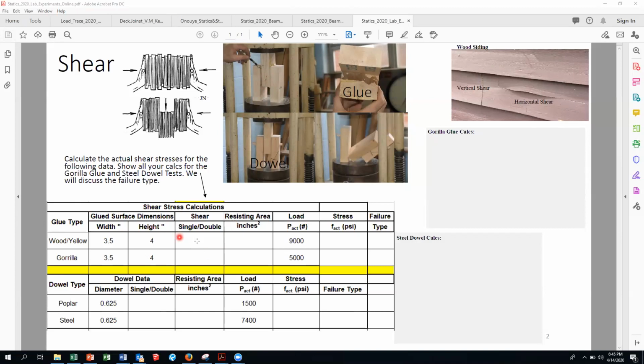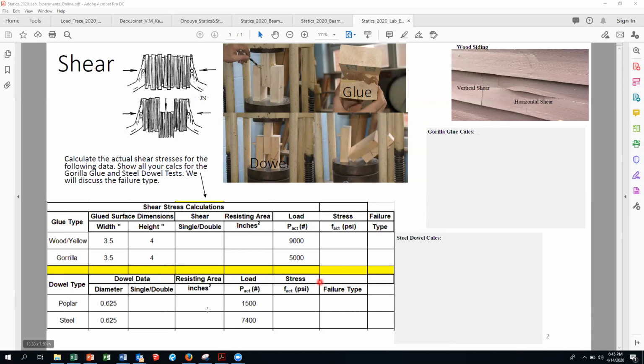So you've got to take their area, whatever the area of one glued surface or one dowel cross section is, and double it. And that's your load divided by your resisting area. Don't worry about the failure type. We talked about that, and we'll discuss that next week sometime. I'm just looking for these calcs.